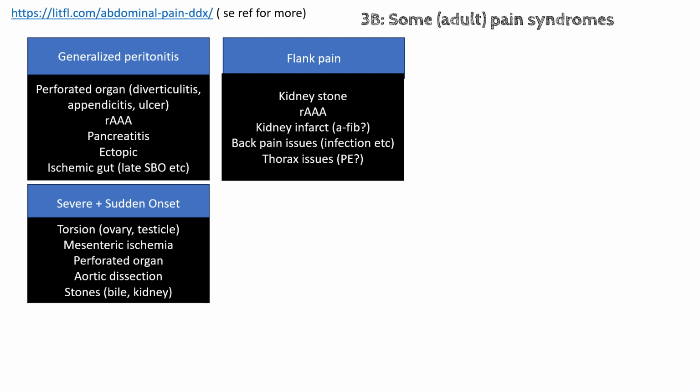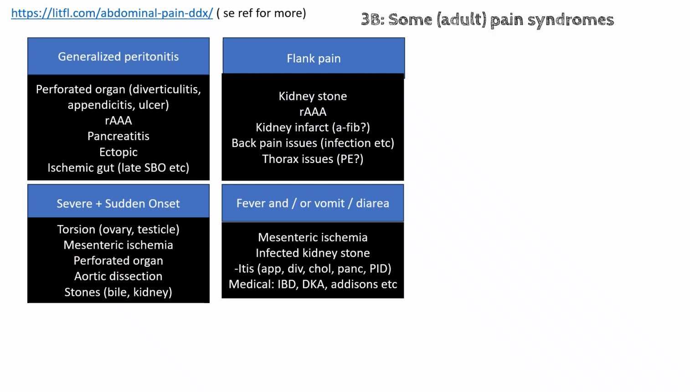Well, if it's severe and sudden onset without any inflammatory markers, like fever, then torsion comes to mind. Mesenteric ischemia, especially if they're older, perforated organs, aortic dissection, and stones. Right? If you do have fever and vomiting or diarrhea, then we can think of mesenteric ischemia.